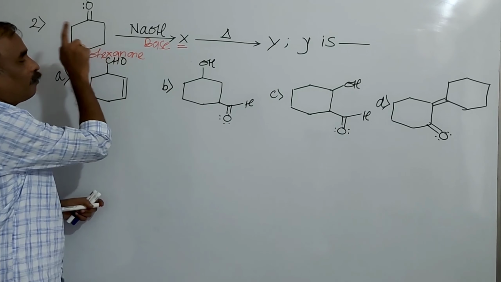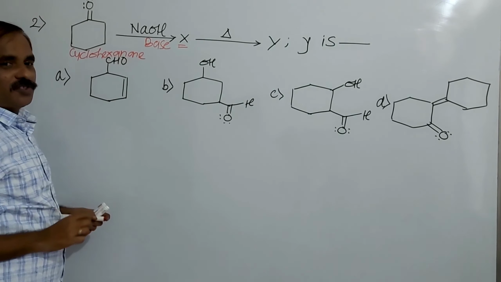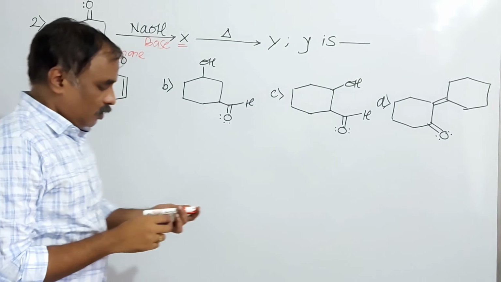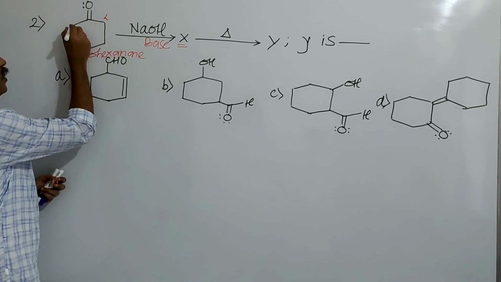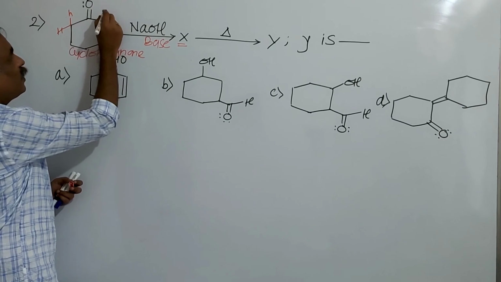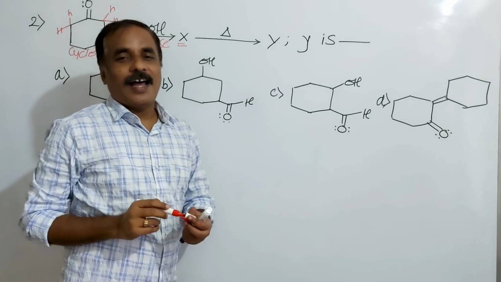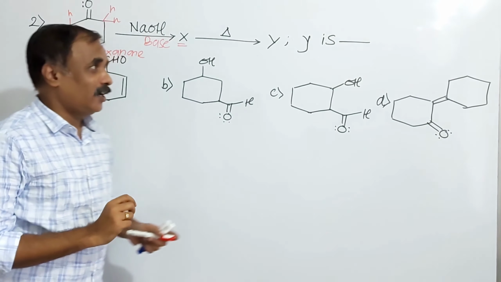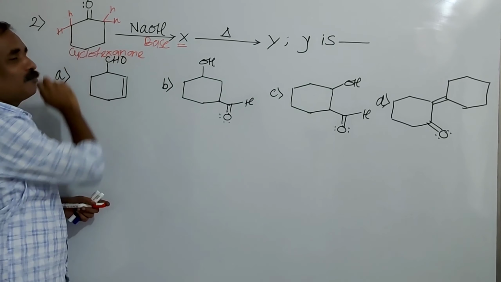Here it is a reaction of a carbonyl compound with the base sodium hydroxide. In this cyclohexanone, this is an alpha carbon, and here it is also an alpha carbon, and on each alpha carbon there are 2 alpha hydrogen atoms.